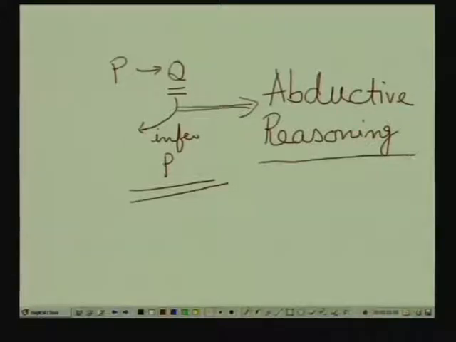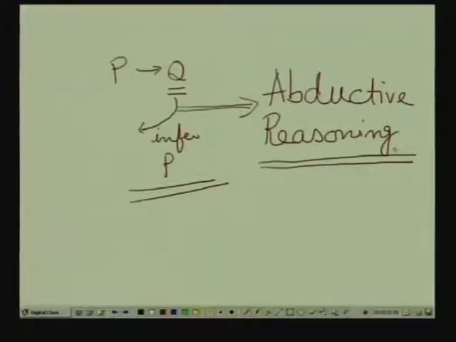And whenever there is a doorbell, you expect that someone is at the door and you rush to the door to open it. Most of the time you are right, but you may not always be right, we will see that. So, this sort of reasoning, abductive reasoning, is also very useful.